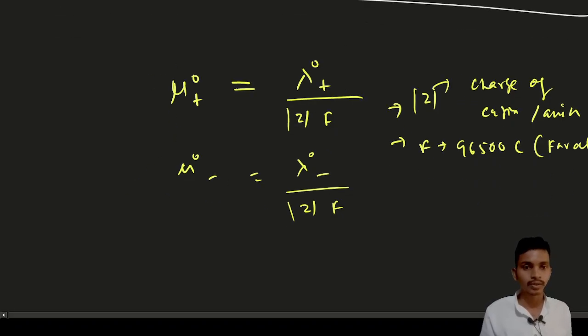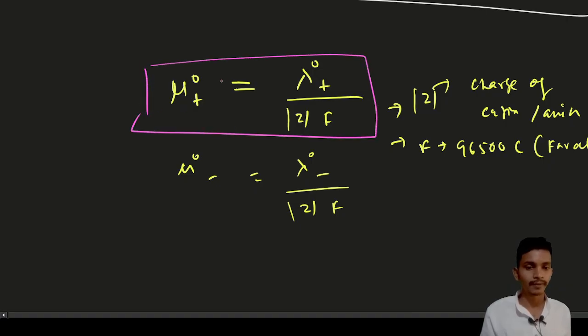So this relationship also you have to remember. Ionic mobility at infinite dilution of cation is equal to ionic conductivity of cations at infinite dilution upon Z into F, where Z is charge of cation and F is 1 Faraday.